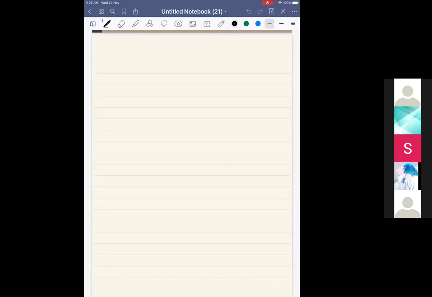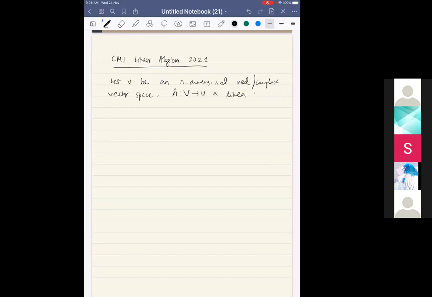So let me start with a quick revision of where we are. We have defined eigenvalues. Let V be an n-dimensional real or complex vector space, and Â: V to V a linear map.